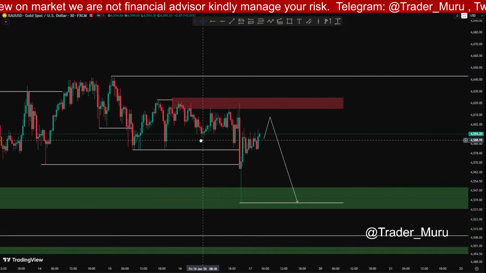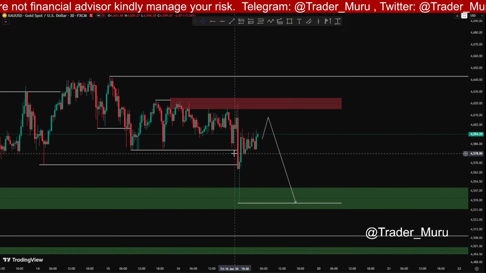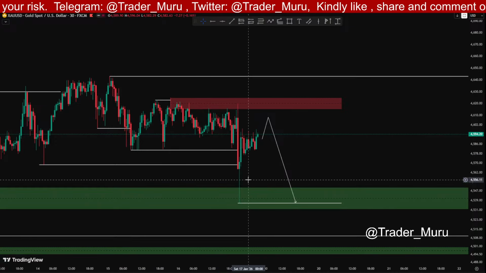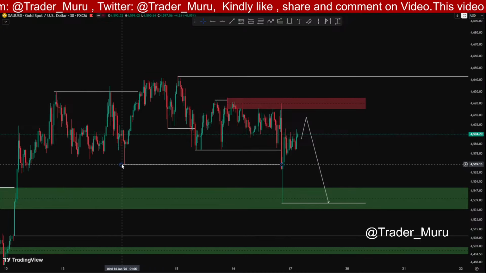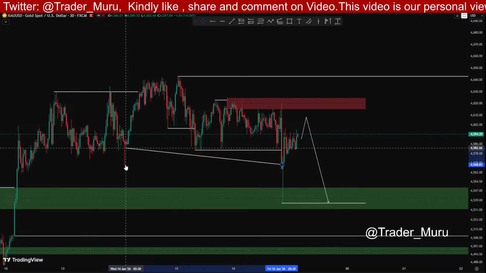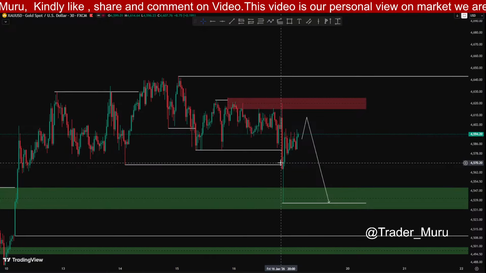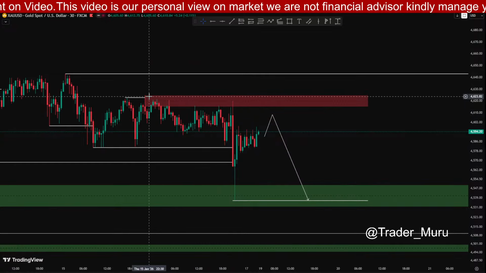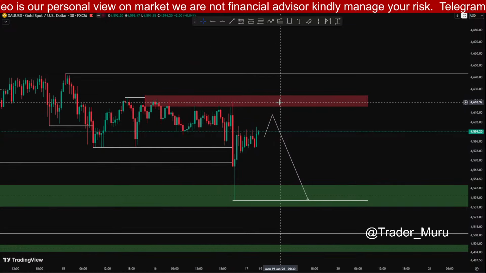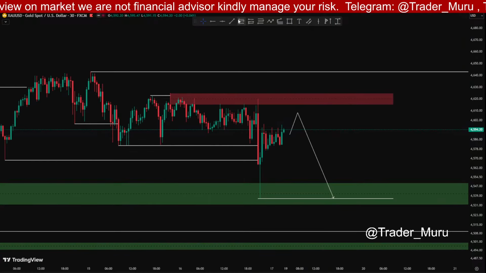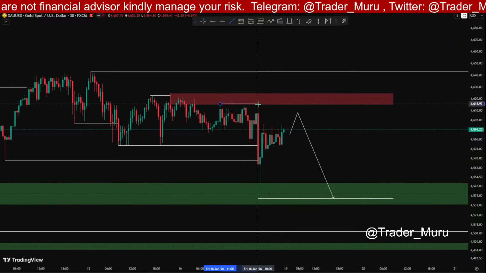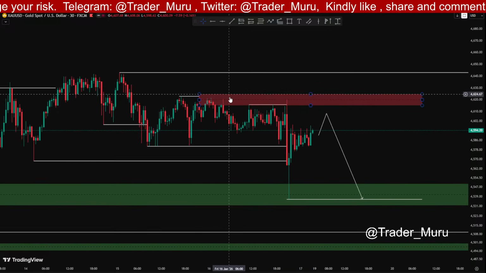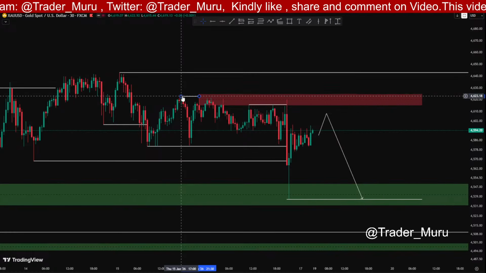Now let's see 30 minute. In the 30-minute time frame, the same scenario here. Price has already dropped towards the bottom, and this is our liquidity sweep. So price needs another liquidity sweep. It will create liquidity if it doesn't want to break above this high. Like this one, price just created liquidity, swept it and dropped. The same thing will happen if price wants to drop again from here.